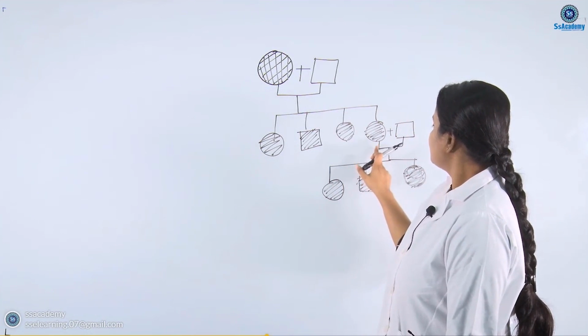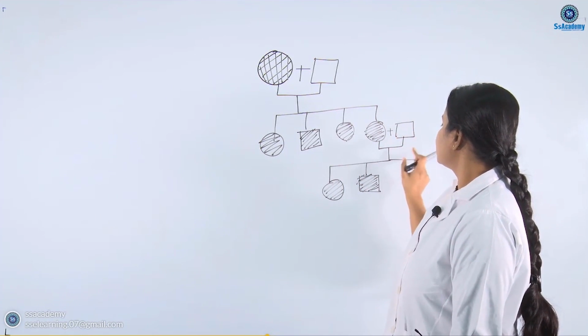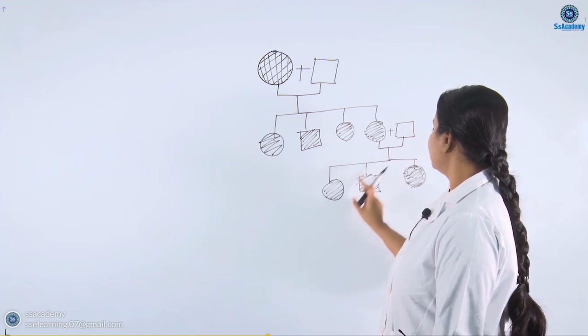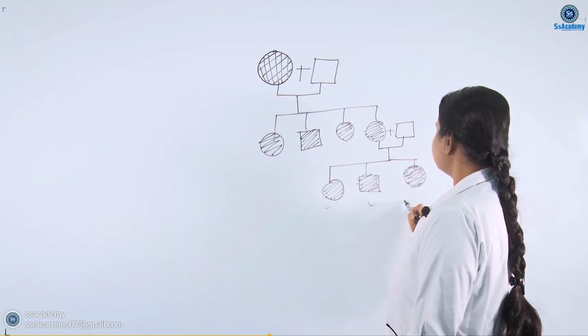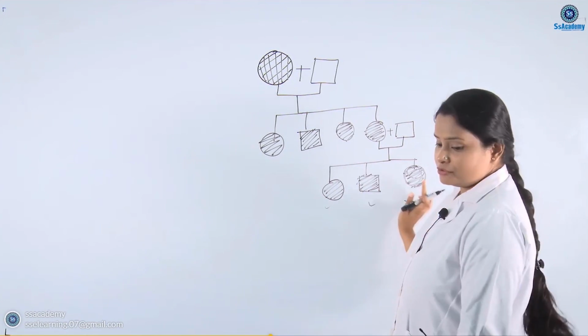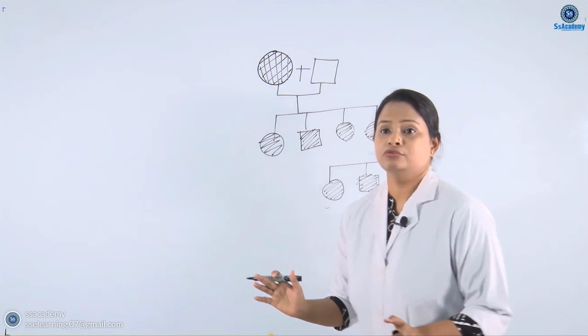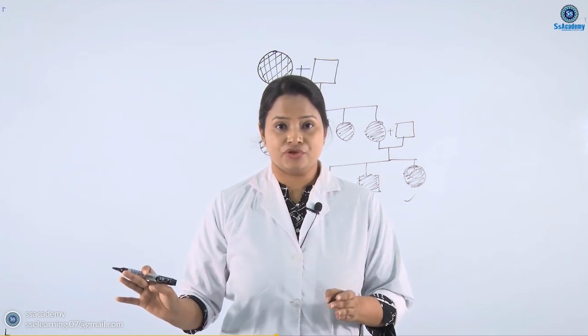The affected daughter marries a normal person, and in her family there are 2 daughters and 1 son. Each and everyone has this disease too. So mitochondrial disorder is like a dominant disorder, maternal dominant, and every child of the diseased mom passes the trait to each and every son and daughter.